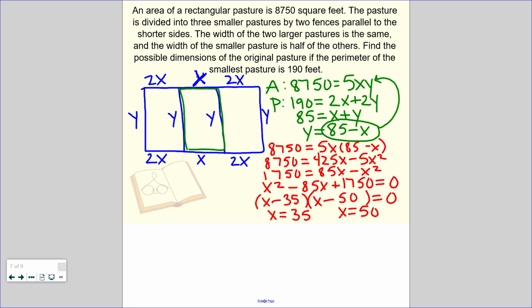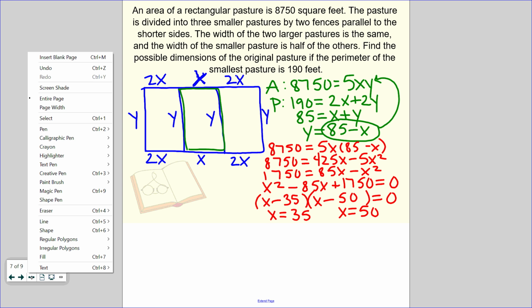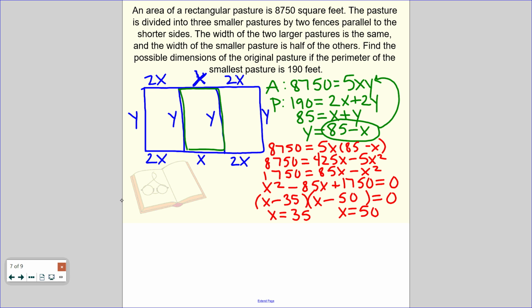From there, we can plug those back in to either of the original equations. Let's say I go back to my top equation, my area equation. If I plug 35 in for x, 8750 equals 5 times 35 times y. If I do 8750 divided by 5 and divided by 35, I will get 50.